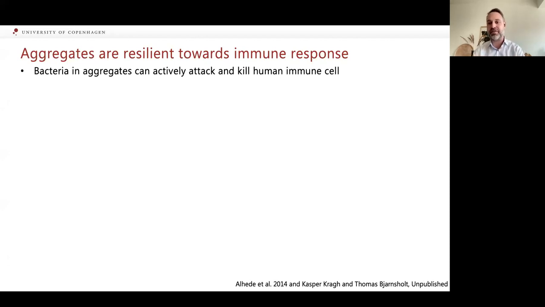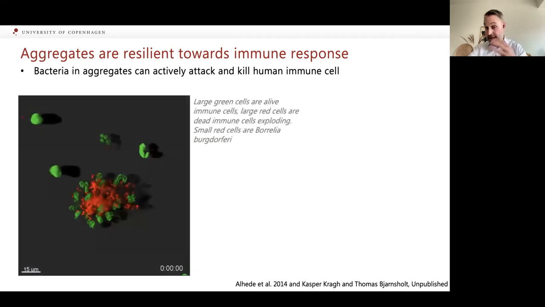Many years ago, Morten Alhed and Maria Alhed worked a lot on how these aggregates are not able to be phagocytized by immune cells. And I just wanted to bring this because this is one of my favorite movies that I've ever taken on a microscope.